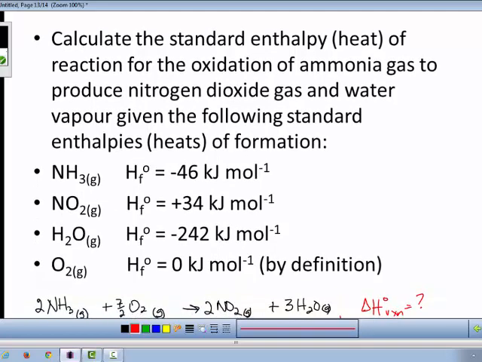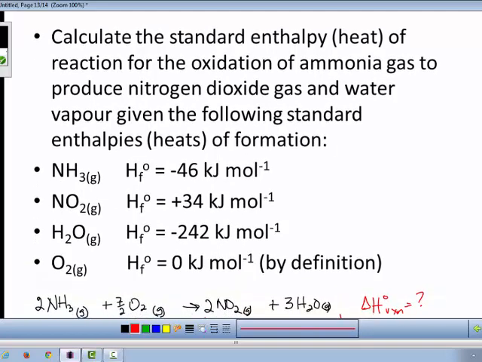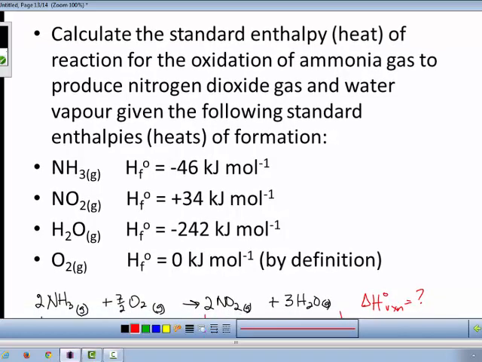Now this example says: calculate the standard enthalpy of reaction for the oxidation of ammonia gas to nitrogen dioxide gas and water vapor, given the following standard enthalpies, or heats, of formation. In this question, you were not given the balanced equation, so you have to write the equation and balance it. But you're given a delta HF for all the reactants and the products.